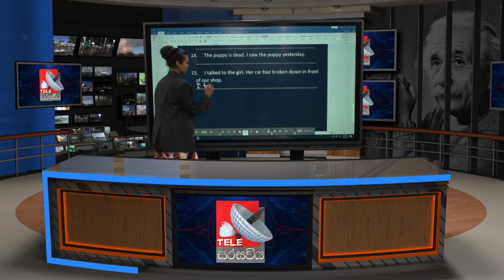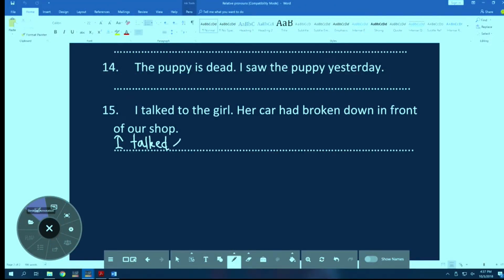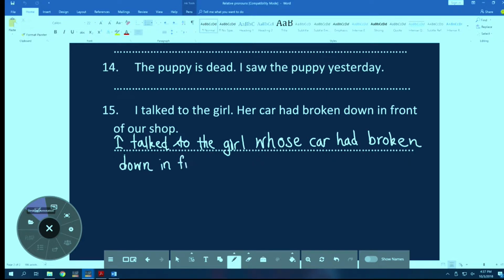I talked to the girl, here the relative pronoun should be whose, car had broken down in front of our shop.